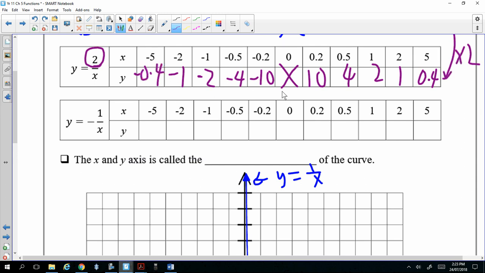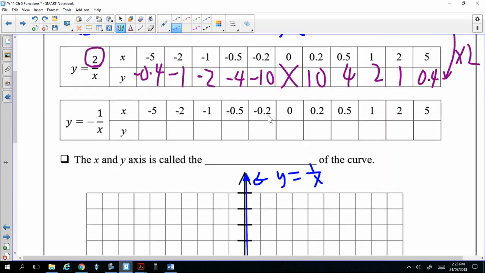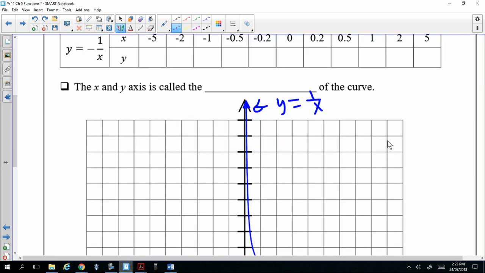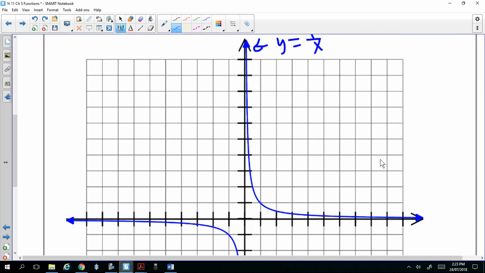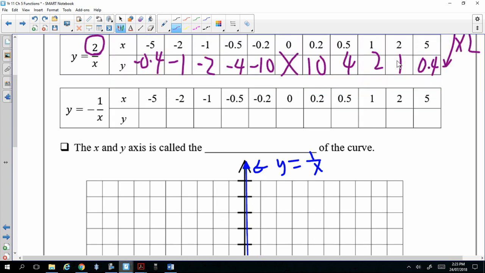Okay, let's try that. So when x is 1, y equals 2. When it's 2, it's 1. And then you just got double. And what's the other one? 5 is 0.4. 1, 2, 3, 4, 5. 0.4.